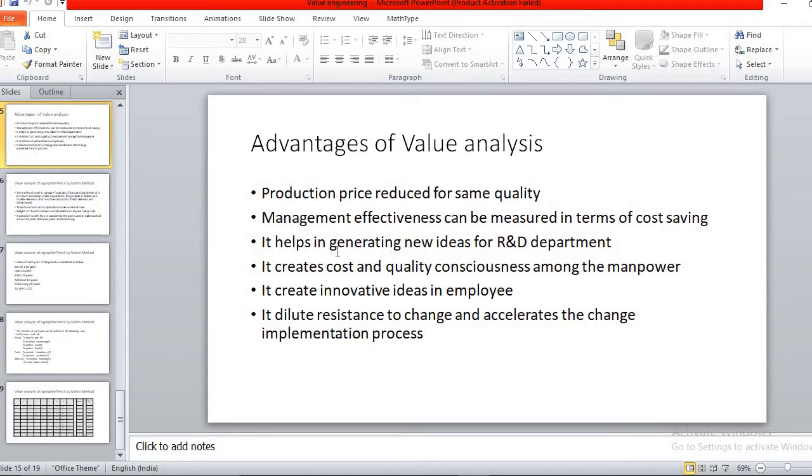It is also helpful for idea generation, and in the R&D department, the involvement of employees in idea generation or problem solving is also available in this value analysis, so that the resistance to change in process is very less.